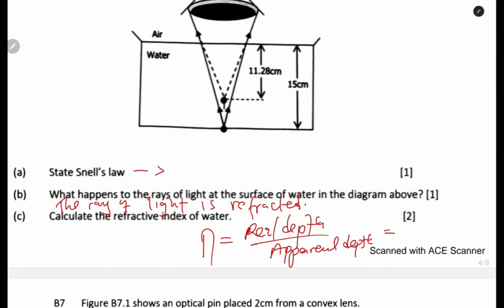So real depth here is the one that is here, which is the longest one, so 15 centimeter, divided by the apparent, which is 11.28 centimeter. So real depth is just the actual depth, while apparent is unreal depth. Okay, so if you divide these, what are you able to get? Should be able to get 1.33. Okay, so 1.33 as refractive index.